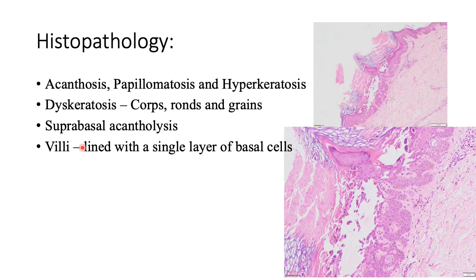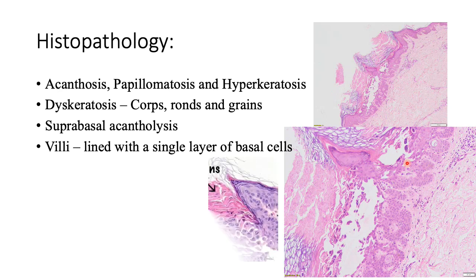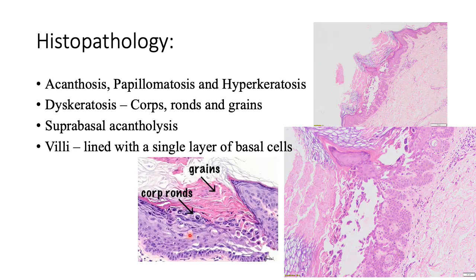There are villi formation which are lined by a single layer of basal cells. So this is the picture showing corps ronds and grains. Corps ronds are dyskeratotic keratinocytes which are round in shape with pyknotic nuclei, but grains are flattened keratinocytes.